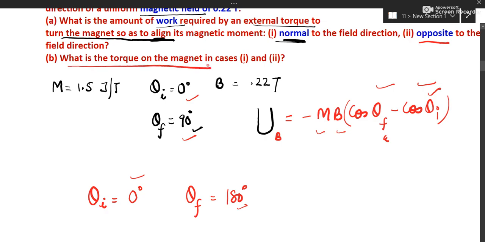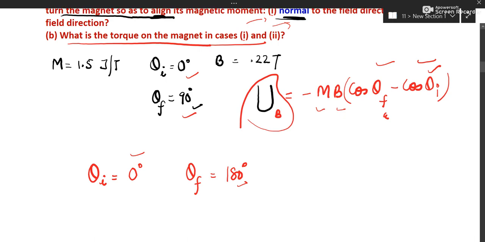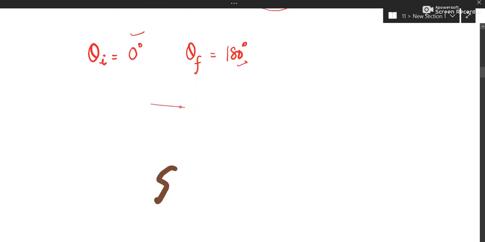What is torque? Or you can give it the name of work done. This is a measure of work done because they have asked the amount of work done. What is the torque in case 1 and case 2? The torque is given as mB sine theta.